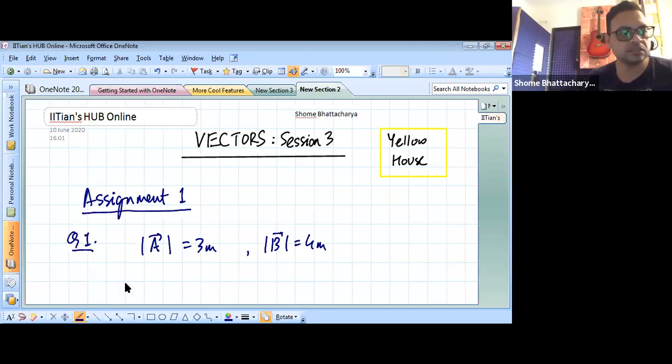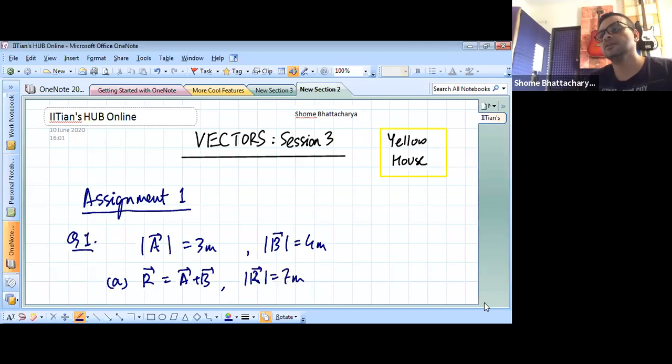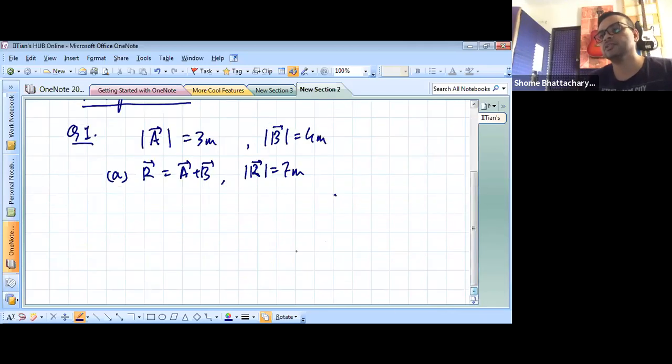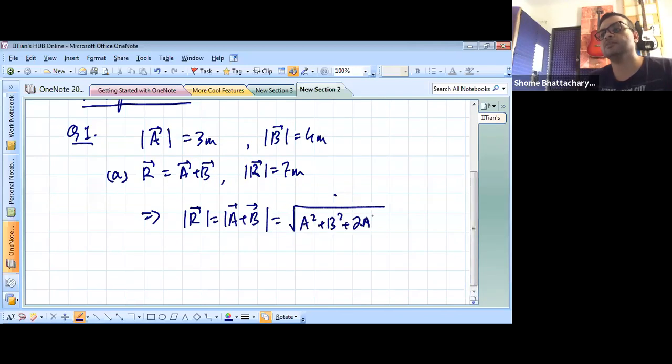In the first case, the resultant, which is the sum of A and B, has a magnitude of 7 meters. So what can we say about the individual vectors A and B in that case? We can use the magnitude of R, which is the magnitude of A plus B, equal to the root of A square plus B square plus 2AB cos theta, where theta is the angle between them.